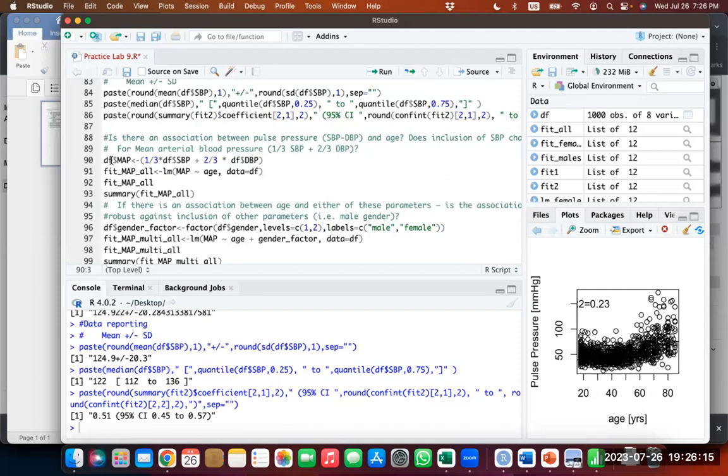So if you tell R, I want to create a new variable, MAP, and I want to utilize each entry of SPP, multiplied by 1 over 3, plus 2 over 3 multiplied by the DPP, R will go to the first row, grab the SPP value, grab the DPP value, do this arithmetic, and then put the result in the third variable.